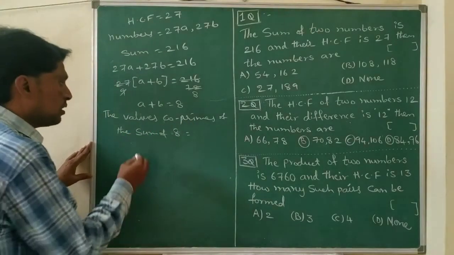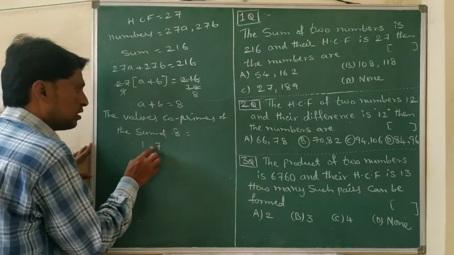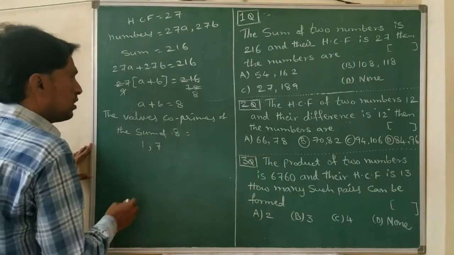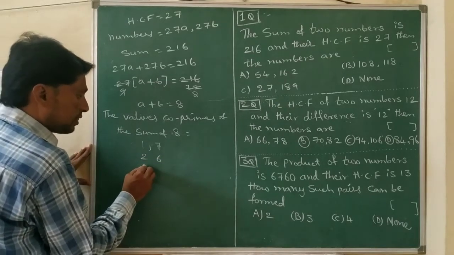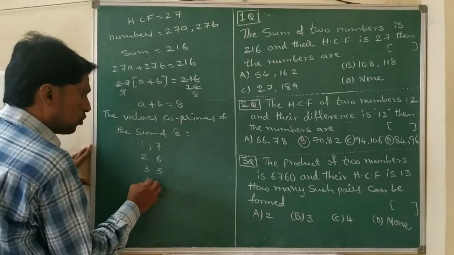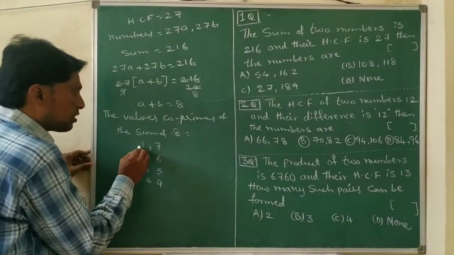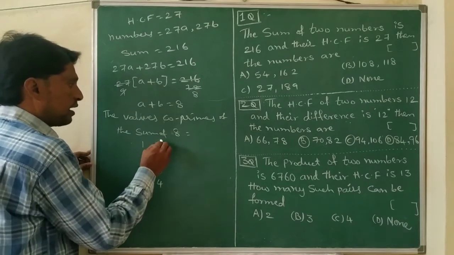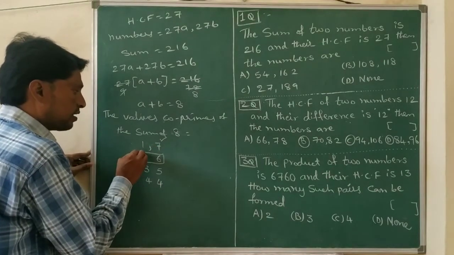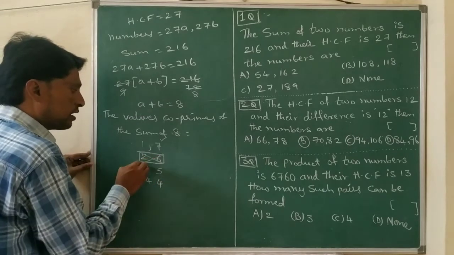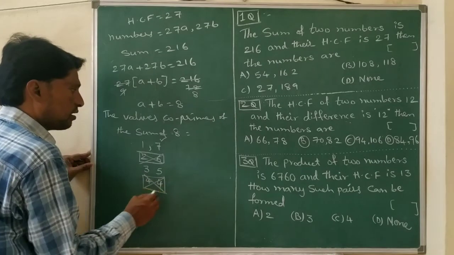How can we get 8? 1 plus 7 equals 8, 2 plus 6, 3 plus 5, 4 plus 4. Again repeating: here 1 and 7, both are coprimes. 2 and 6 are not coprimes, we can cancel. 4 and 4 are also not coprimes, we can cancel.